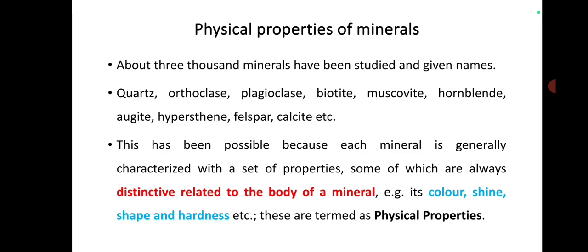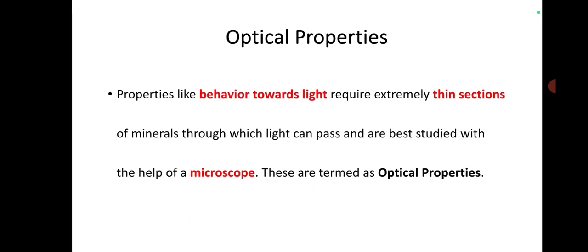Then we have optical properties, which means properties like behavior towards light. We take thin sections of minerals and place them under a microscope, and when light is passed through, we see how the mineral behaves in response to light.